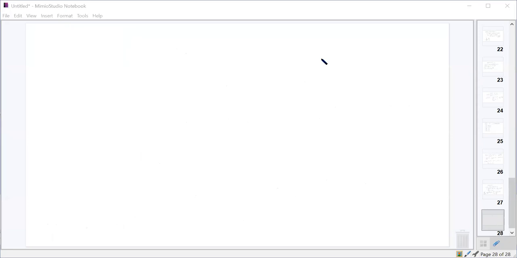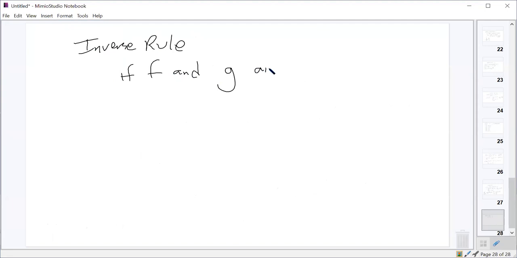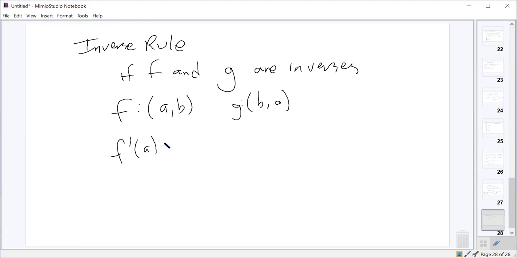Other things we should talk about involving derivatives include the inverse rule. The inverse rule usually pops up one time in the multiple choice. Remember that the inverse rule says that if f and g are inverses and f contains a point a, b, that means that g must contain the point b, a, and f prime of a is 1 over g prime of b, or vice versa, g prime of b is 1 over f prime of a.